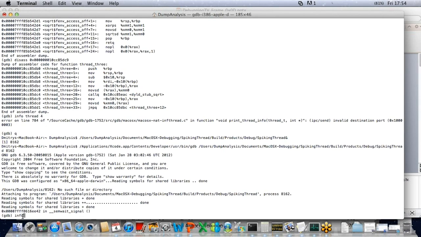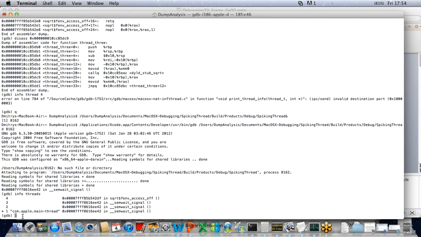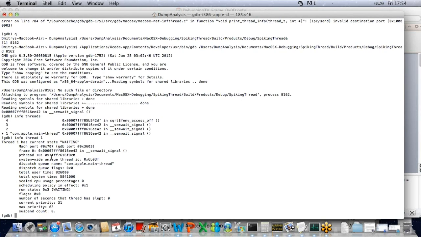And now info threads, we get the same picture, but now if we would like to see information about a particular thread, we can do that. For example, info thread 1 gives us the total user time spent and total system time spent. So these are times spent in user and kernel modes.